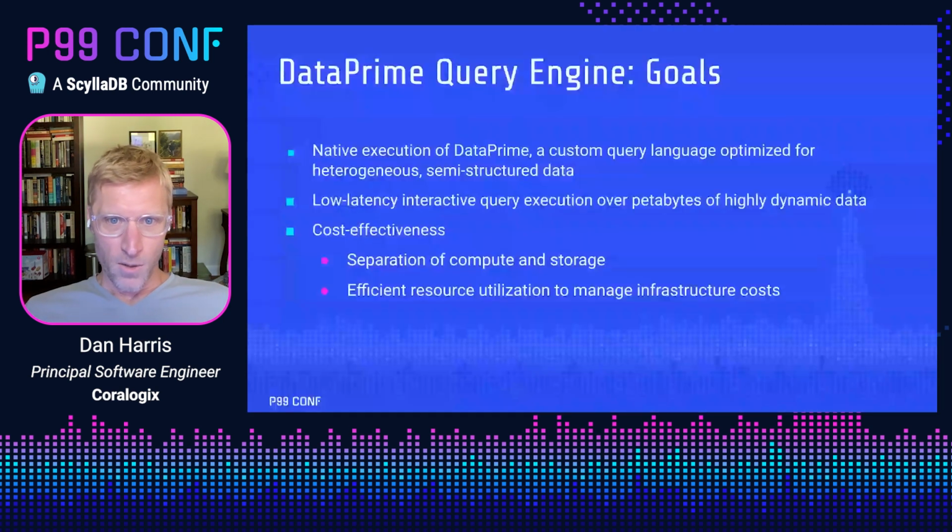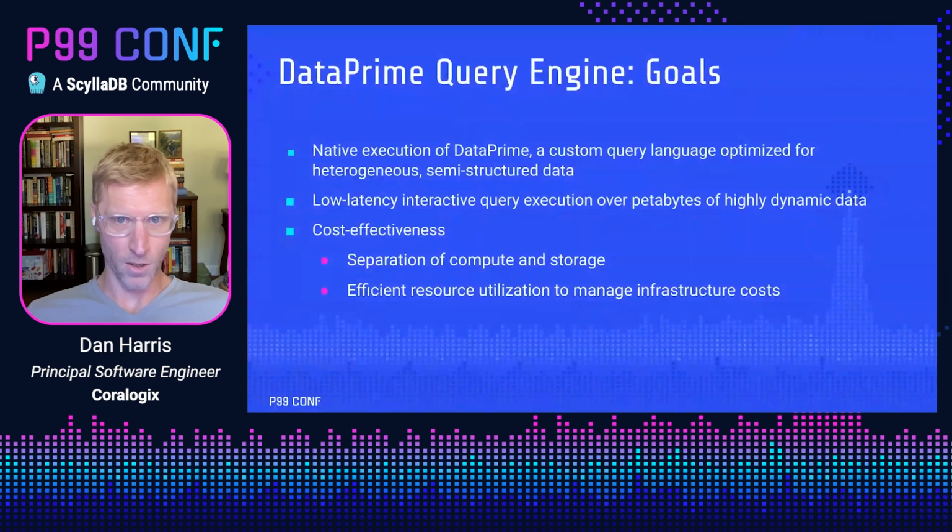All right, so this talk isn't really focused on the query engine specifically, but it's worthwhile to create some context around why autoscaling is important for us. And so the goals that we set out for when we designed this is, one, we want a native execution layer for a custom query language we designed for dealing with heterogeneous semi-structured data called Data Prime.